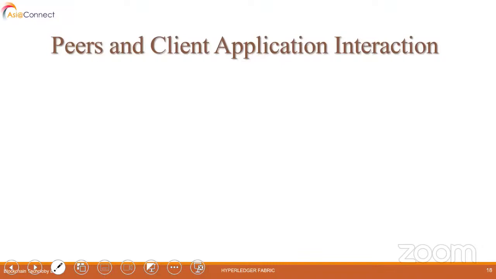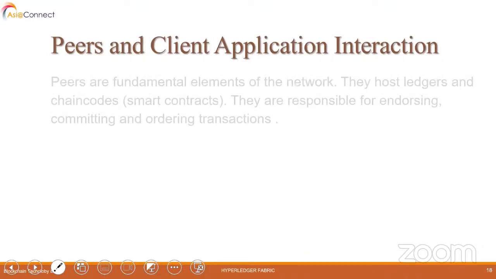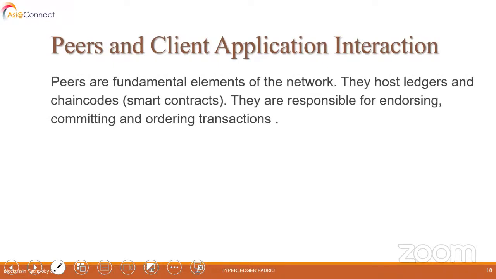Okay, so now let us come to peers and client application interaction. What are peers? Peers are fundamental elements of the network. By peer, I mean a person, not only a person, but a software installed on his computer.